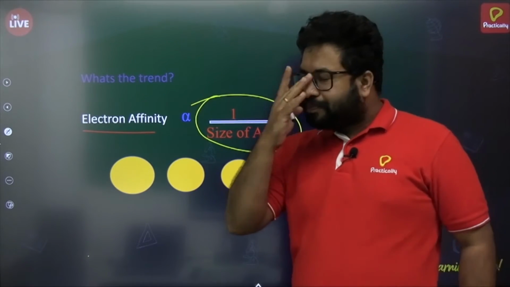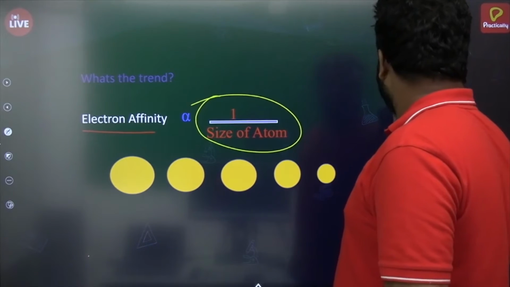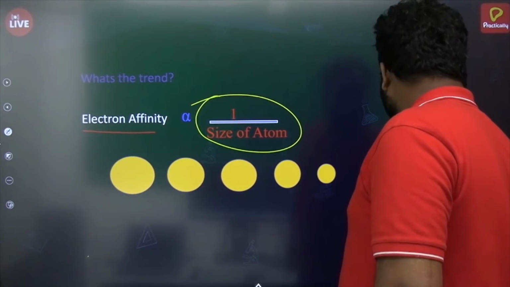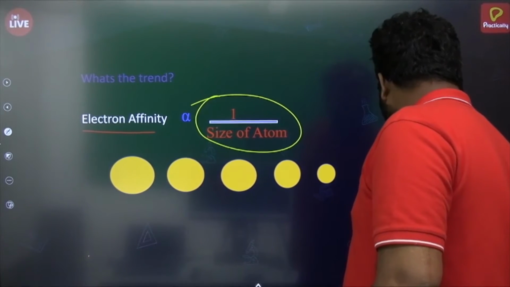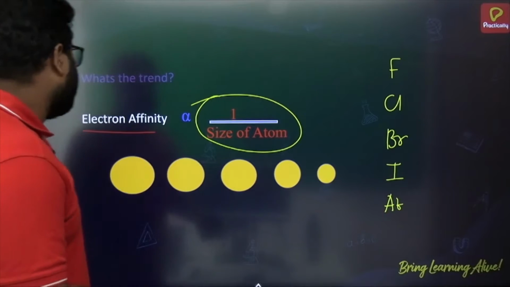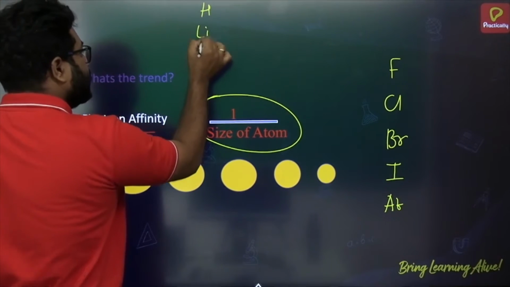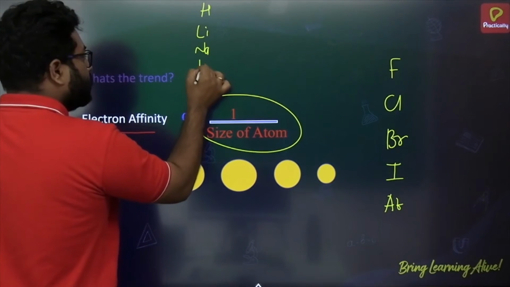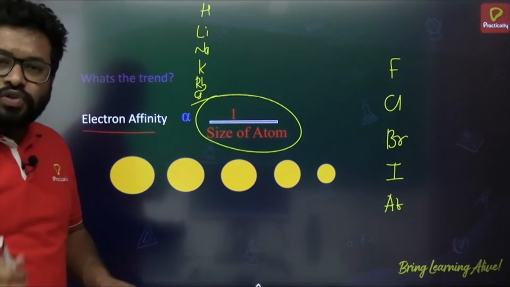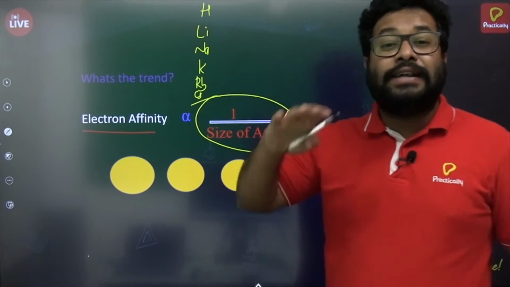That means if you go down the group, for example, fluorine, bromine, iodine, or astatine. Or you can have any other example. For example, you can have hydrogen, lithium, sodium, potassium, rubidium, cesium, francium, like that. So as you go down the group, the value of electron gain enthalpy decreases.